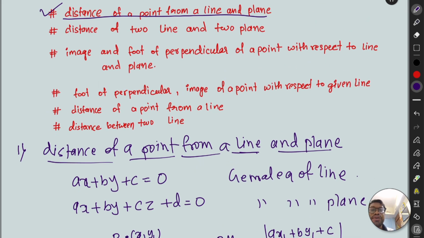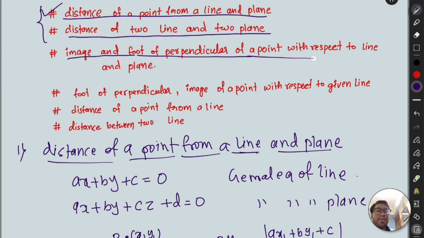So these are the two concepts we have listed here. The distance of a point from a line, and the distance between two lines and two parallel planes, are completed. So we will go for the third: the image and foot of perpendicular of a point with respect to a line and a plane.